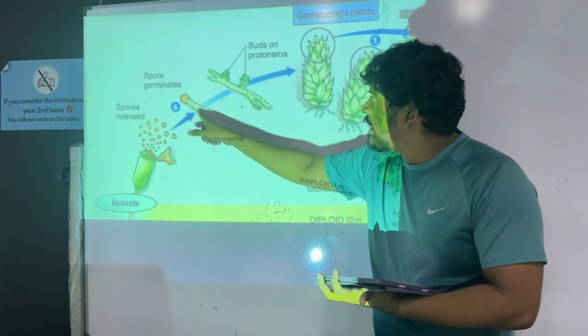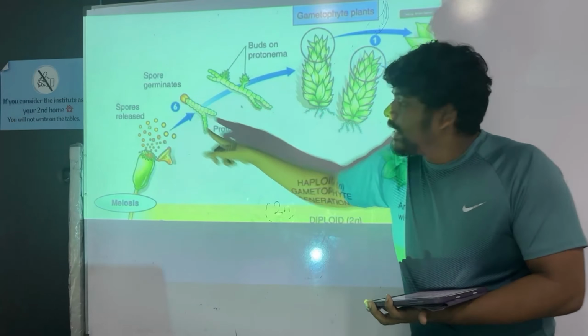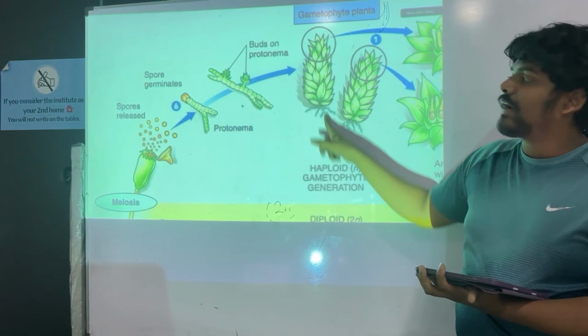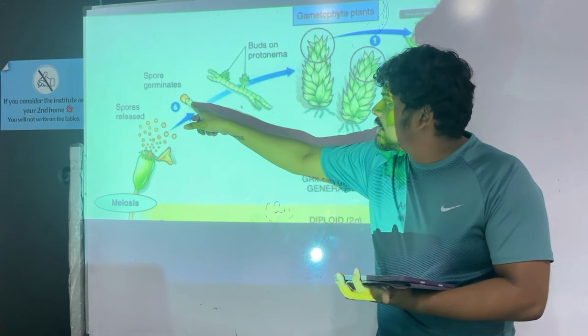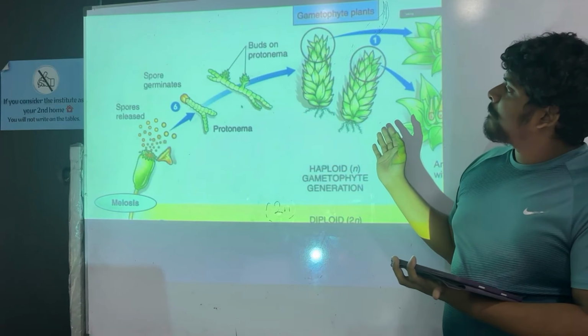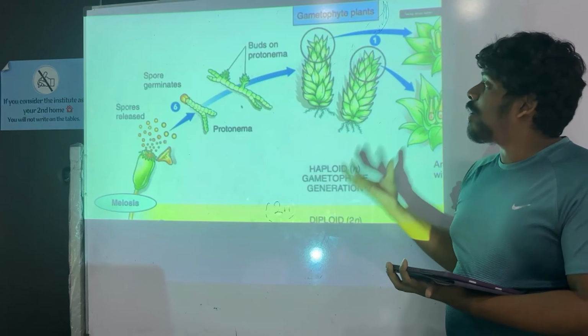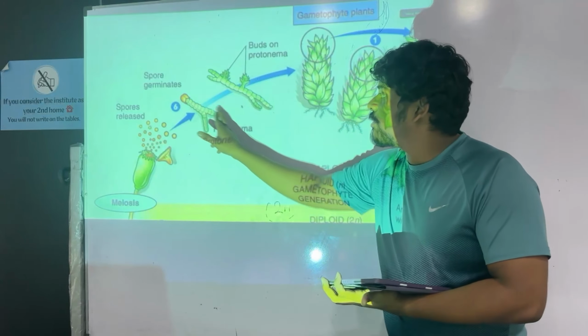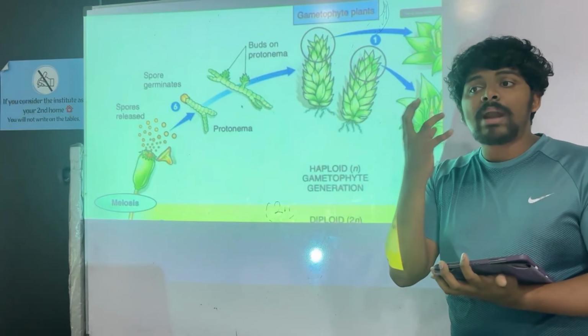As you can see, this spore is not directly forming this gametophyte. What is it forming? This primitive structure, not primitive structure, we can call it origin structure. The origin structure known as a protonema. It is a branched filament.